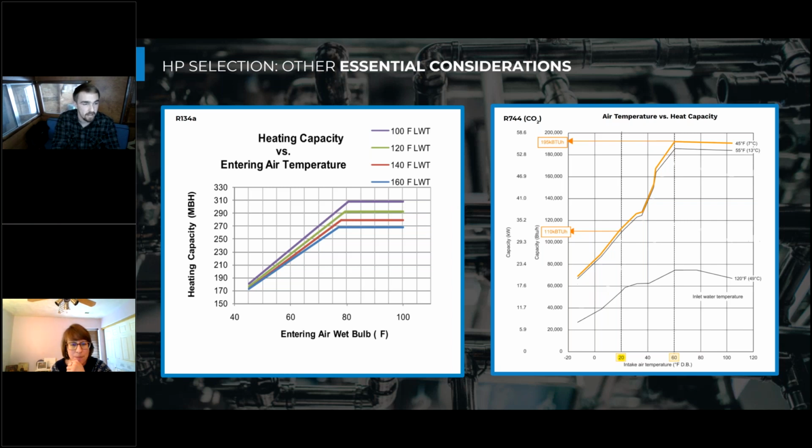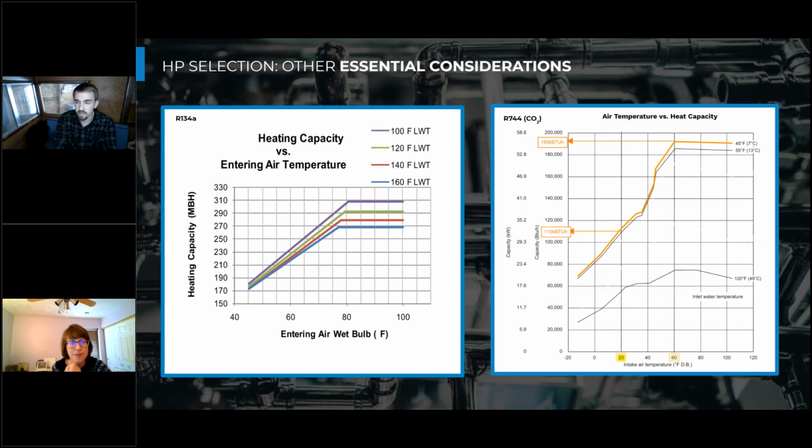So if you have a high wet bulb temperature, as this manufacturer has pointed out, that means you have high humidity and more moisture in the air, which will allow your heat pump to have a higher capacity. If we were to go off dry bulb temperatures, then this would rely a lot more directly on the dry bulb temperature and the humidity, because the combination of those two is going to drive how much heat is actually being held in the air.